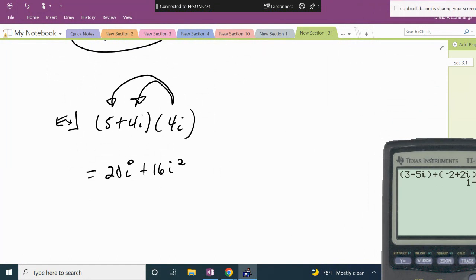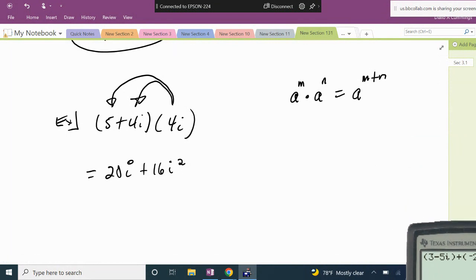All right, just remember from our rules for exponents, a to the m times a to the n is a to the m plus n.